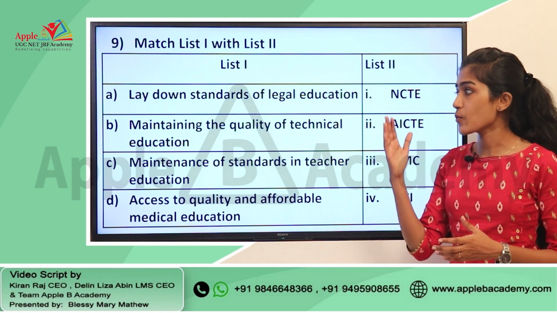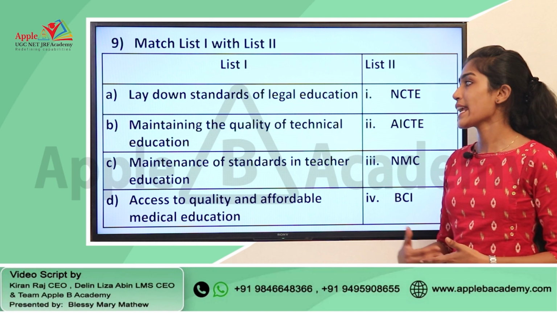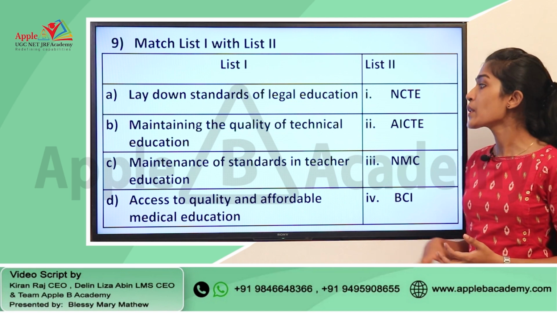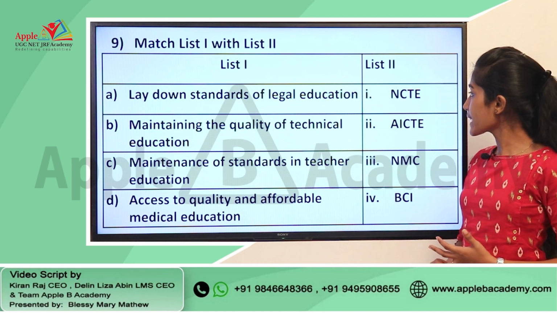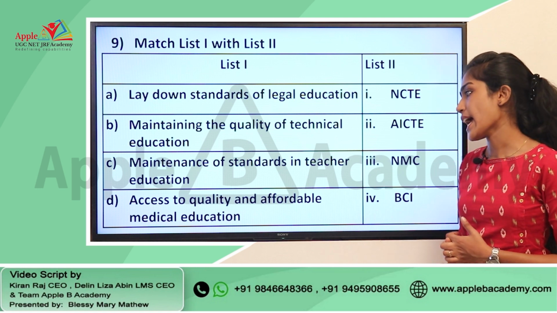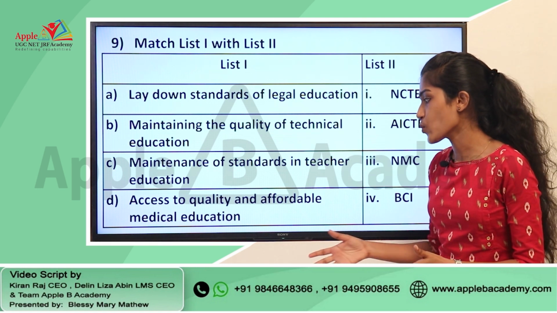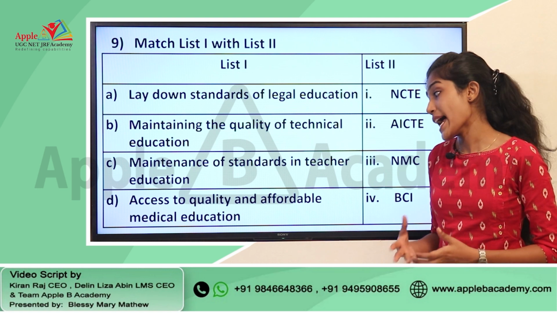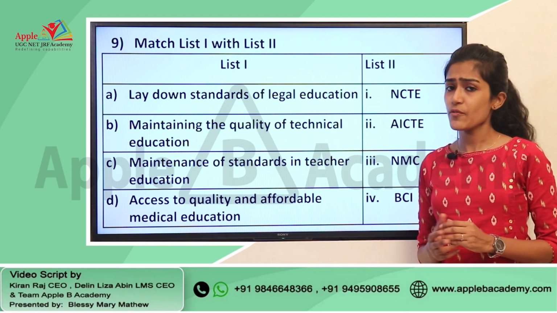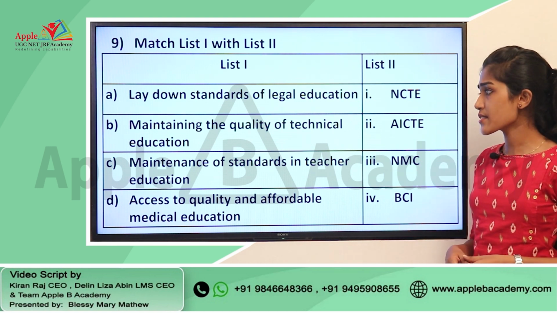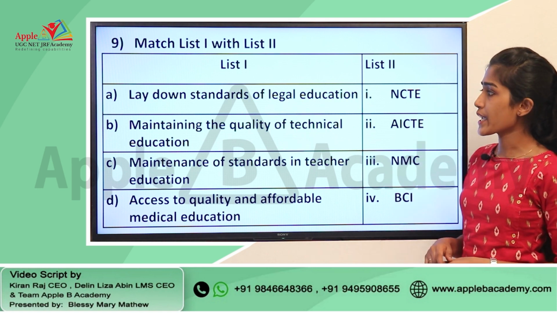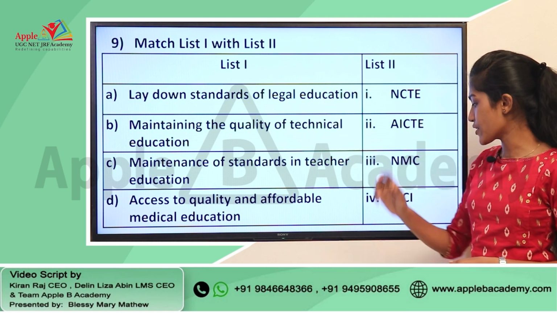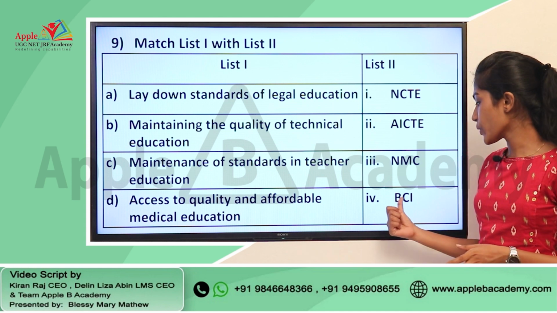List 1 has the various functions which include lay down standards of legal education, maintaining the quality of technical education, maintenance of standards in teacher education, and access to quality and affordable medical education. This is a very easy question from higher education system. If you consider the options, lay down standards of legal education can be associated with BCI.